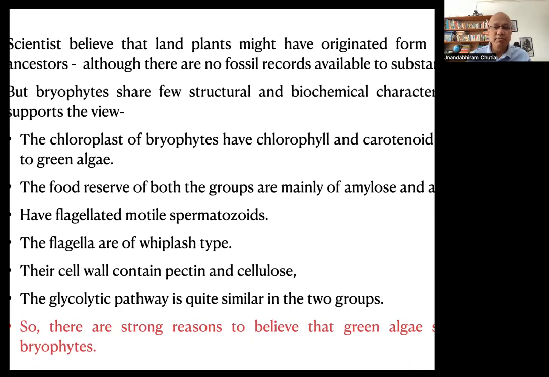But at this point of time, let me refer to one very interesting fact, that the chloroplast of algae was of different types. Rather, F.E. Fritsch in 1945 classified the algae basing on their pigmentation and the structure of the chloroplast.